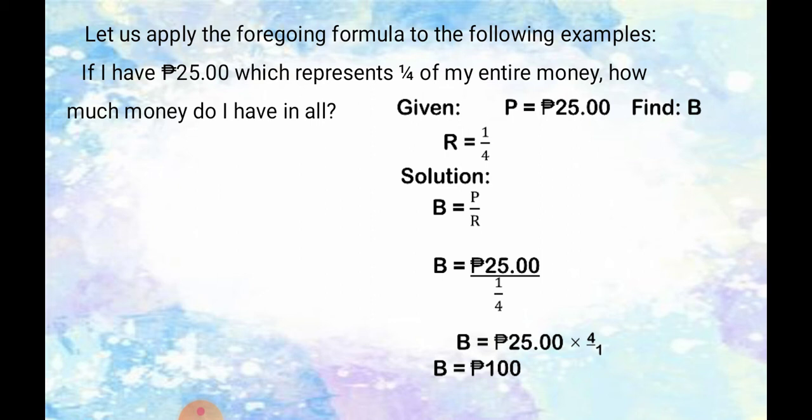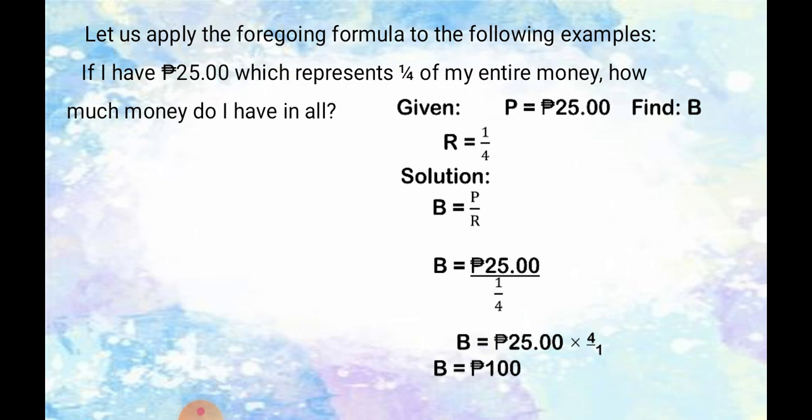So 25 times 4 over 1 since ang reciprocal po is, since fraction yung divisor natin, we're going to use reciprocal, which is the numerator will be the denominator and then the denominator will be the numerator, and then instead of i-divide po natin, we are going to use multiplication since we use the reciprocal method.